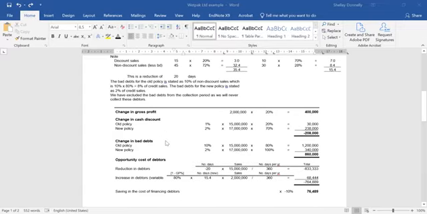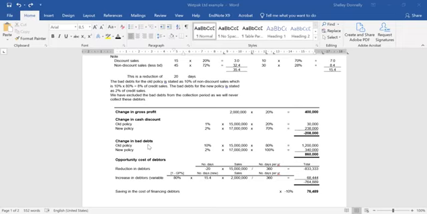Remember, when we're trying to evaluate a policy switch, there are going to be a few considerations. Your gross profit is going to change, up or down, depending. Because you're changing your cash discount, there's a cost involved there, and you have to consider that. Your bad debt percentage is changing.